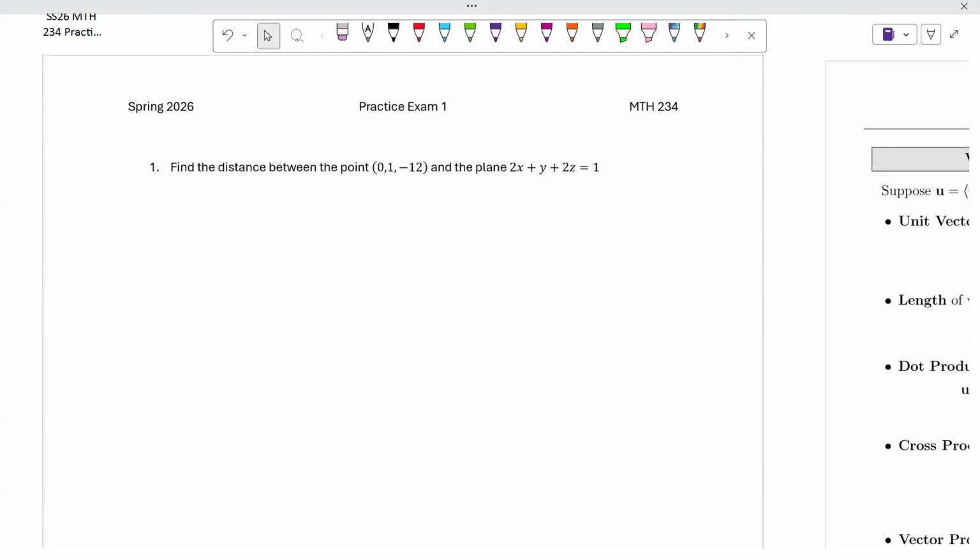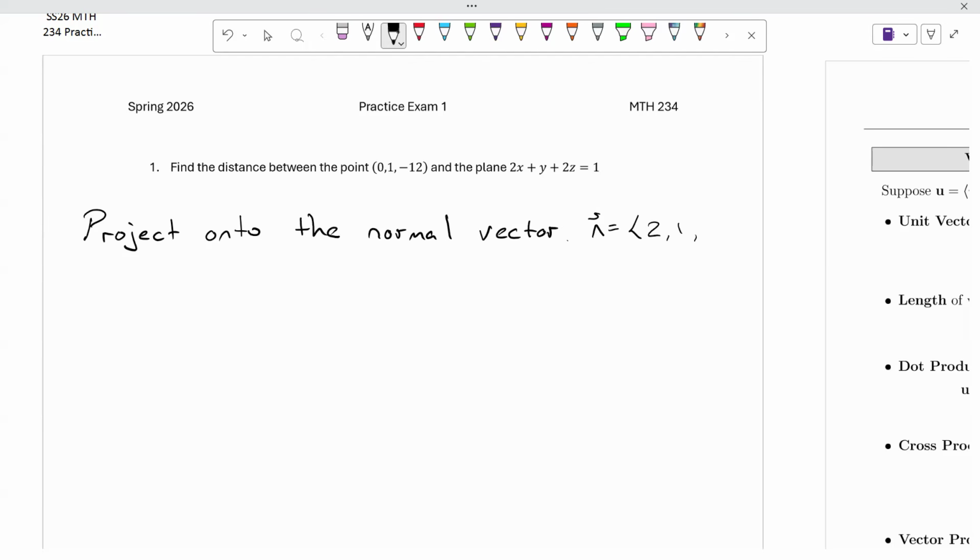So I want to project onto the normal vector, and that normal vector is (2, 1, 2). That is my plan.